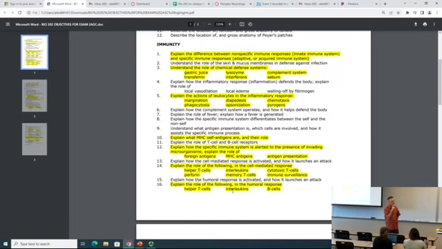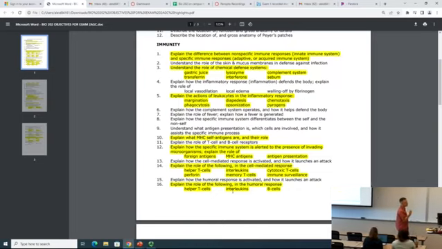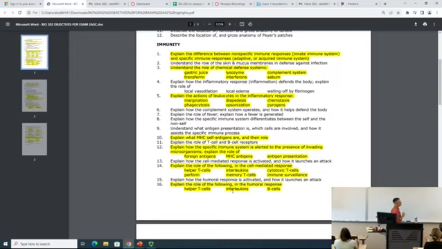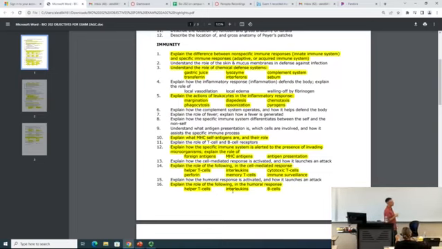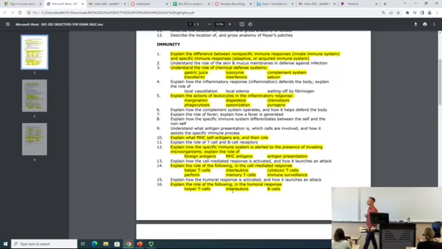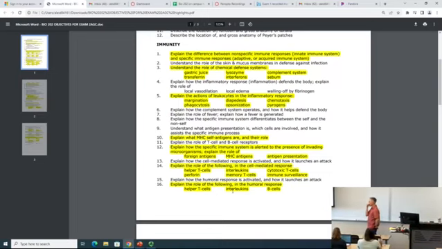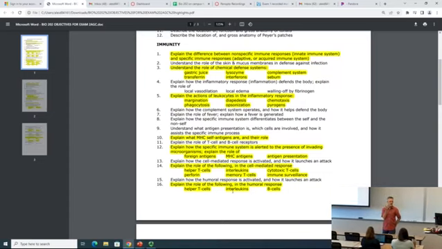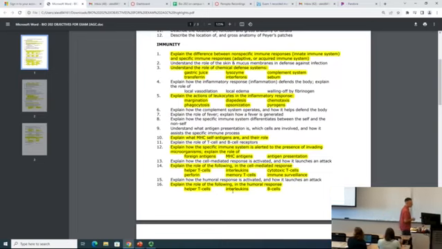We went through those details about what makes it specific, non-specific, what those things mean, what adaptive means, etc. And then, of course, external and internal were fairly self-explanatory. Second line of defense, we went through those examples as well: cells and molecules, or even processes. We had a couple of processes with second line of defense, where we talked about fever and inflammation. So we got that covered.